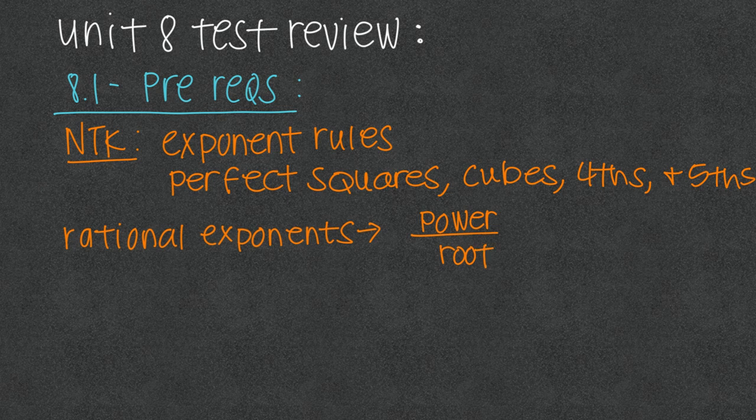So if it was in radical form, the root is here and then the power is in the exponent. And if we wrote it in exponential form, so like there was an x in there, it would be x to the power over root.